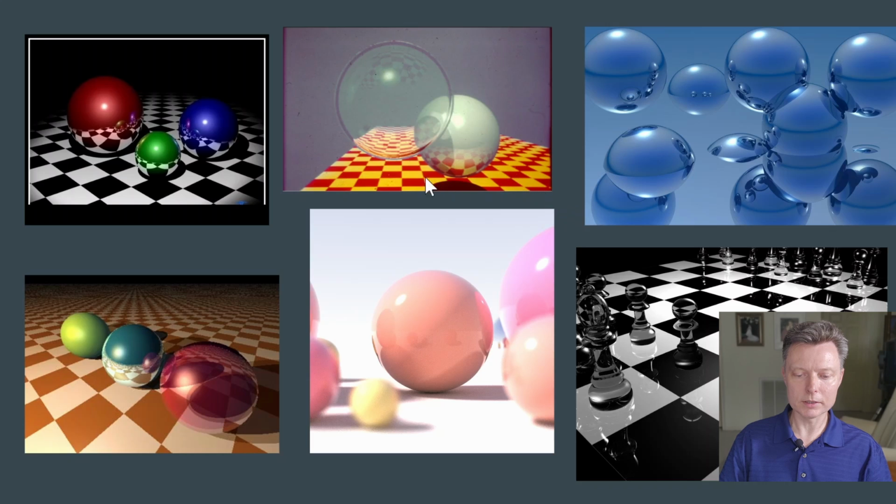We'll just stick to a plane and spheres for our first ray tracer. That might seem limiting, but as you can see from these images, you can actually get a lot of different effects and a lot of different moods for your images. So now that we've outlined our goals and the type of ray tracer that we're going to be doing, how about we get started on writing our very first ray tracer?